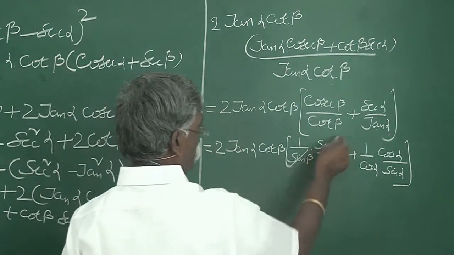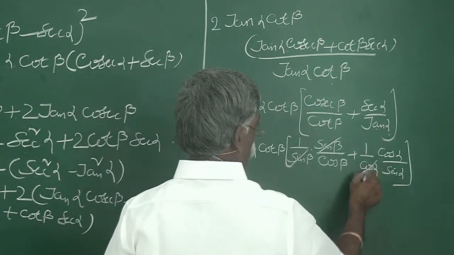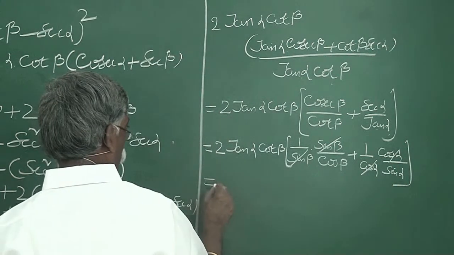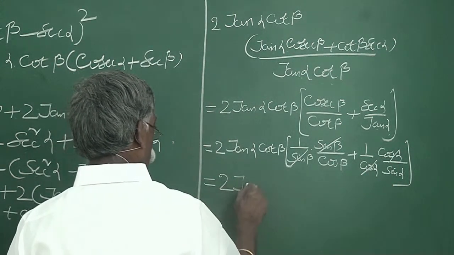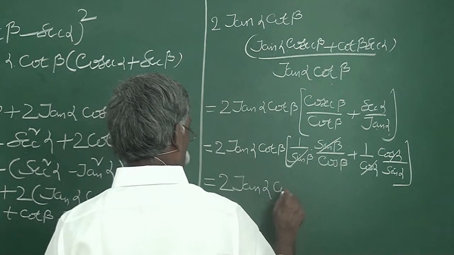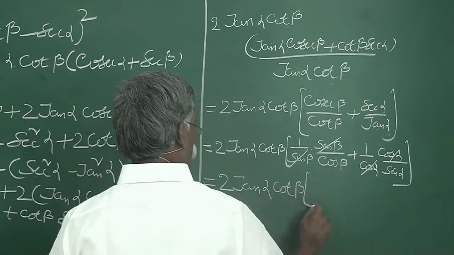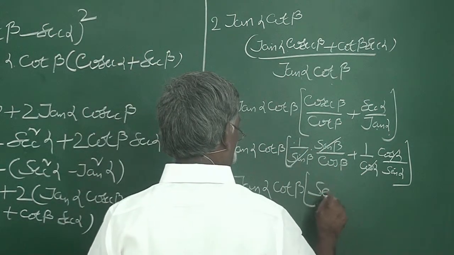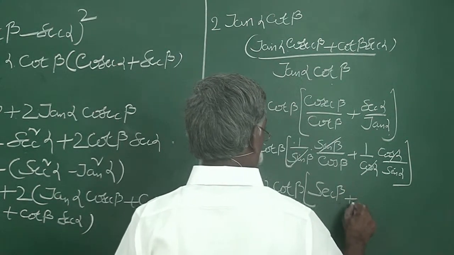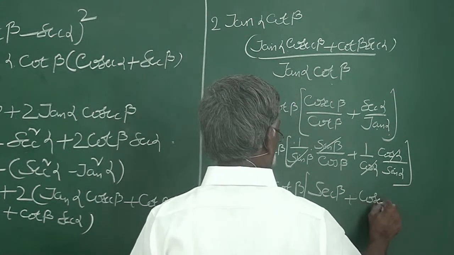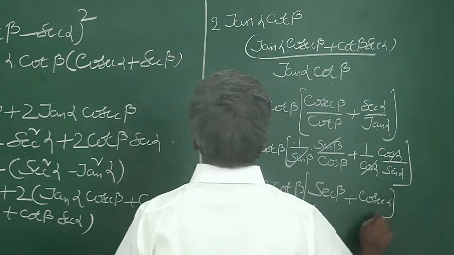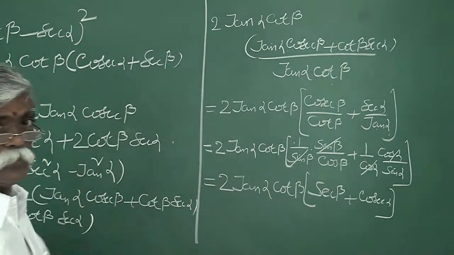Now this sin beta gets cancelled, cos alpha gets cancelled. Therefore this is 2 into tan alpha into cot beta into 1 by cos beta is secant beta plus this is cosecant alpha. This is what we are asked to prove.